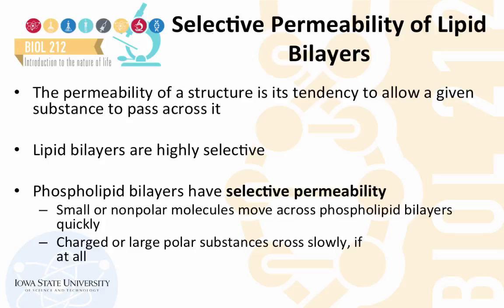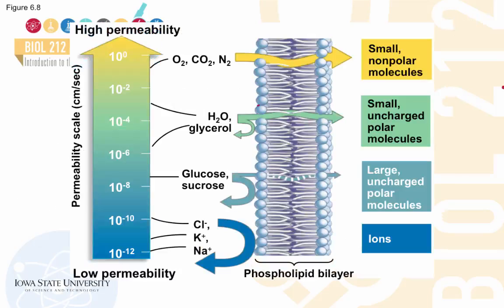Lipid bilayers are very selective of the substances that they allow to pass through. Small or nonpolar molecules move across these phospholipid bilayers relatively quickly. On the other hand, charged or large polar substances cross slowly, if at all. This image shows the selective permeability of lipid bilayers to certain molecules.